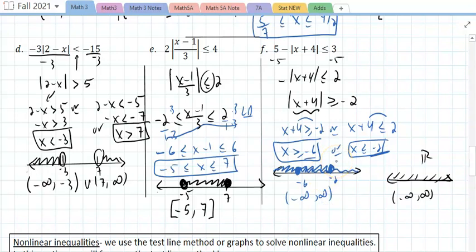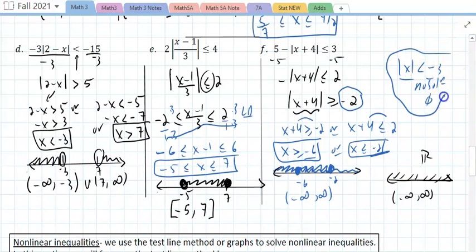So if you recognize that, an absolute value greater than a negative, that's all the time. An absolute value less than a negative, that's no solution. That could never happen. A positive can never be less than a negative. That's just a note. If you see it, that's why we isolate the absolute value by itself first.